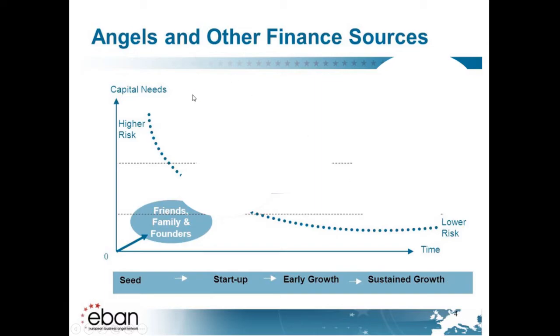It shows that risk also decreases with time, going from higher levels of risk in the seed stage to lower levels of risk in the sustained growth stage. It also shows that capital needs tend to increase with the growth of the business.